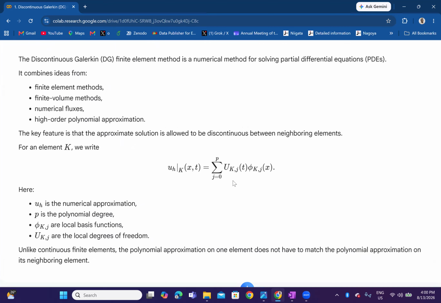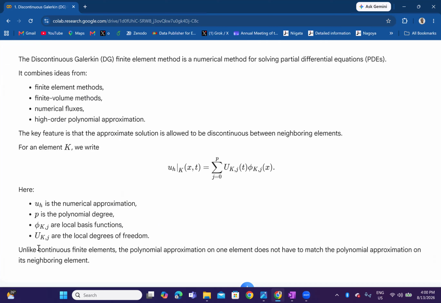Then phi sub k comma j are the local basis functions, which could actually be any functions at all, as we're going to see later. Then we have u sub k comma j, which are the local degrees of freedom. So you have local degrees of freedom, local basis functions, and the degree of the polynomial. Putting all of this together, we get the numerical approximation.